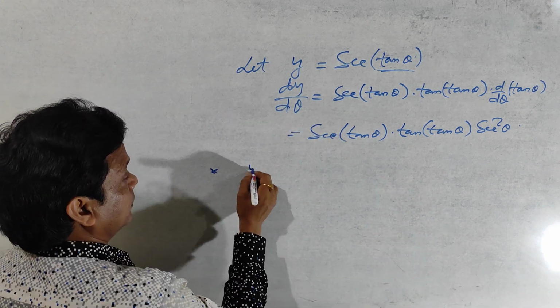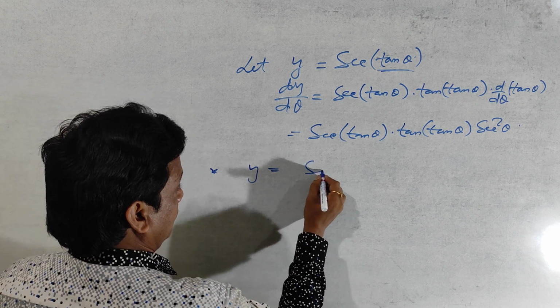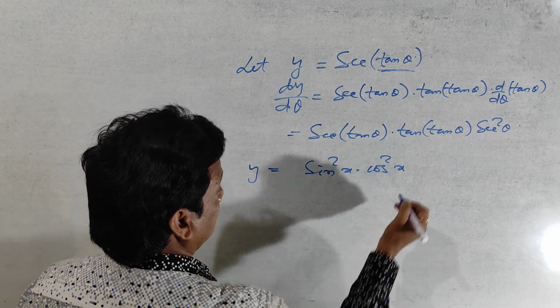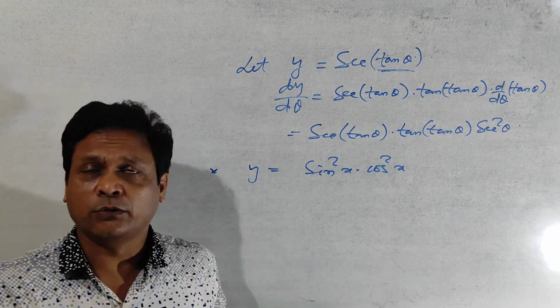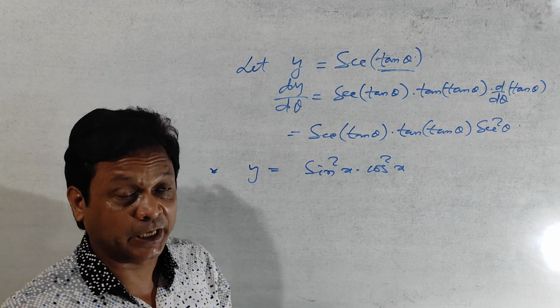See here. y is equal to sin square x into cos square x. So how to do this one? You can apply uv, but I am applying like this.